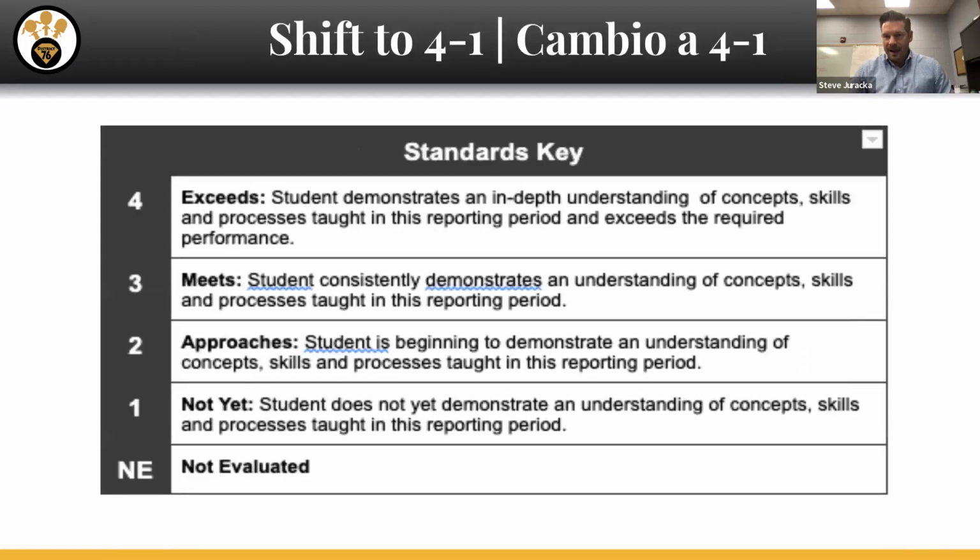So in the past, you may have seen a grade like A, B, C, or in grades K through 2, you may see something similar to this. So there aren't too many changes for our primary grades.